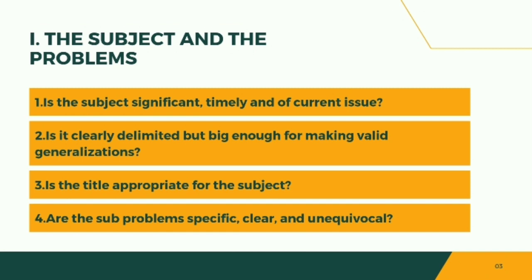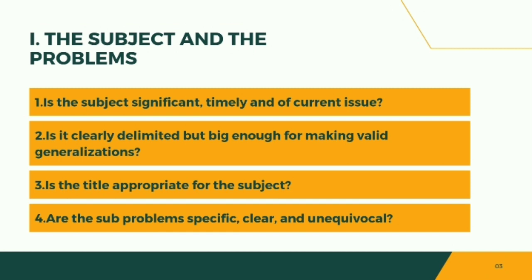In the number 2 question, is it clearly delimited but big enough for making valid generalization? Of course, in every type of research or in any type of thesis or dissertation, basically that's how we follow the rule of SMART.